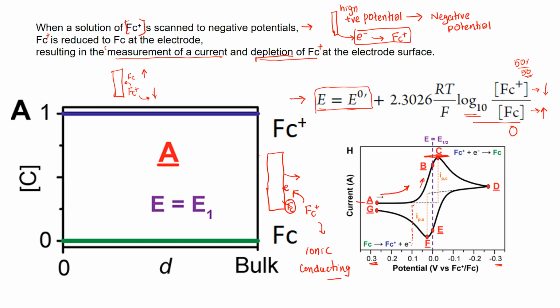That means at this particular point E becomes E naught. And what is this E naught? E naught is the standard potential. So this is how we can find the standard redox potential of the material.